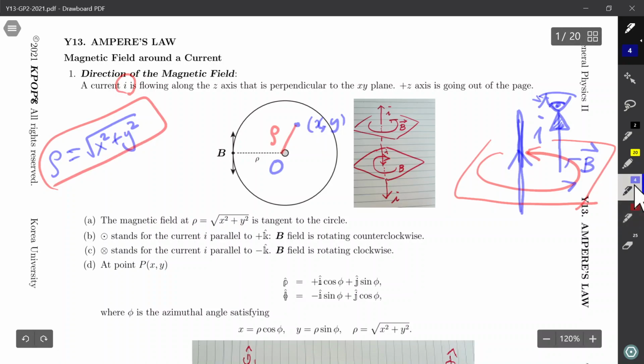The magnetic field at rho is tangent to the circle, in either this direction or that direction depending on the direction of the current. In any case, tangent to the circle.